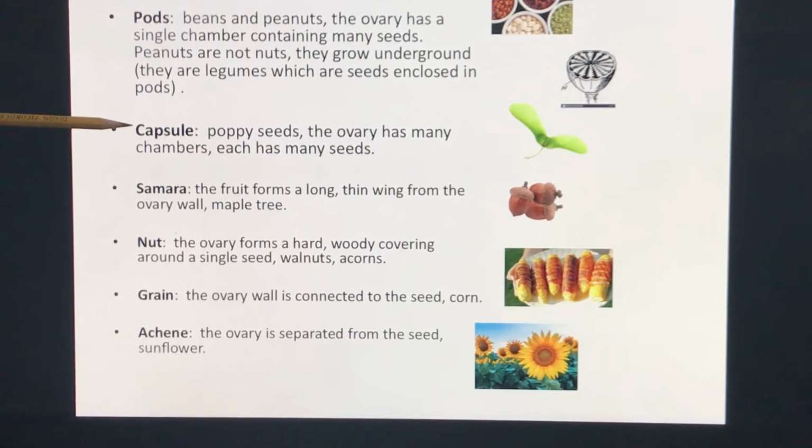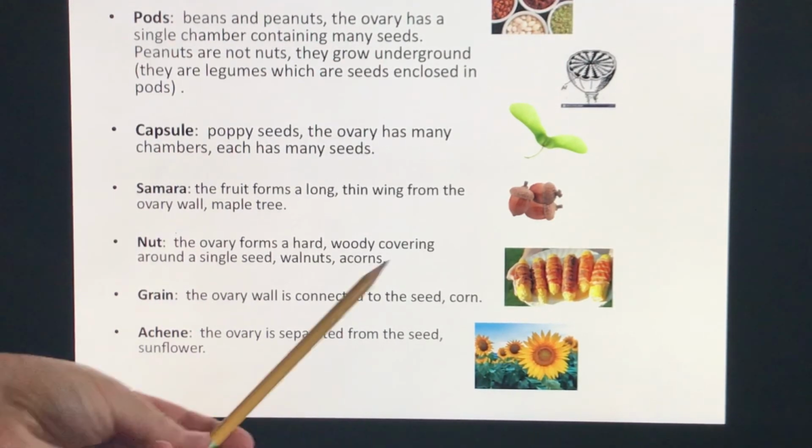All right, then we have a capsule. It'd be like, here, poppy seeds. The ovary has many chambers here, and each chamber has many seeds. Then you have the samara. The fruit forms a long, thin wing from the ovary wall, as seen in the maple tree. Then you have nuts.